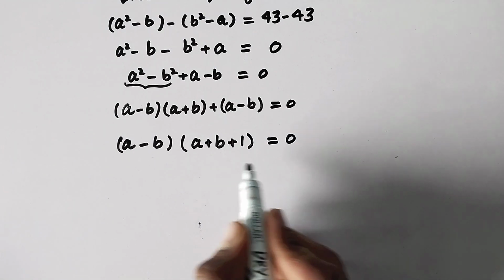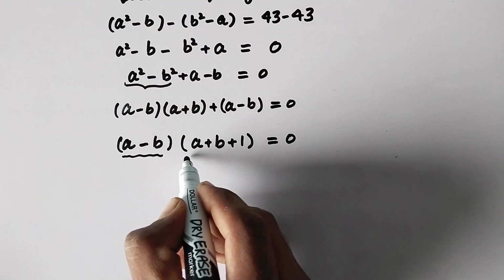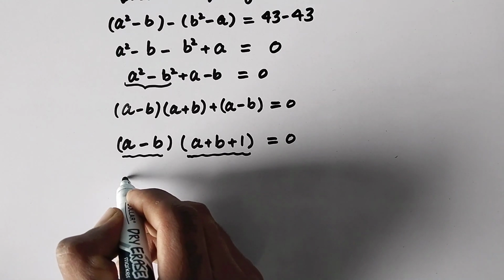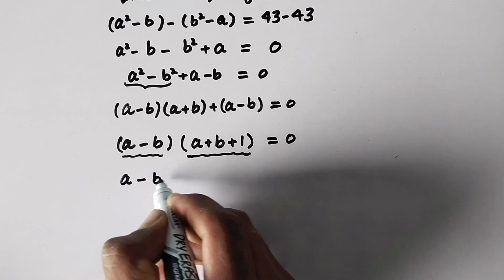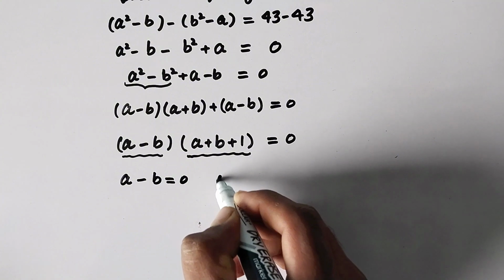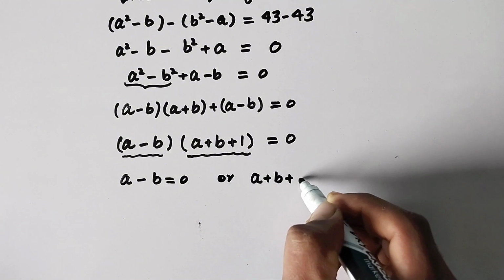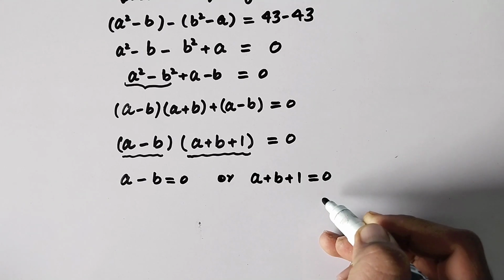And now we can see that there are two factors that are equal to 0. So we will write a minus b equal to 0, or a plus b plus 1 equal to 0.